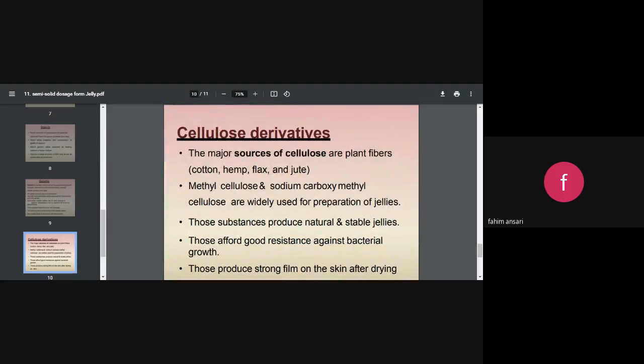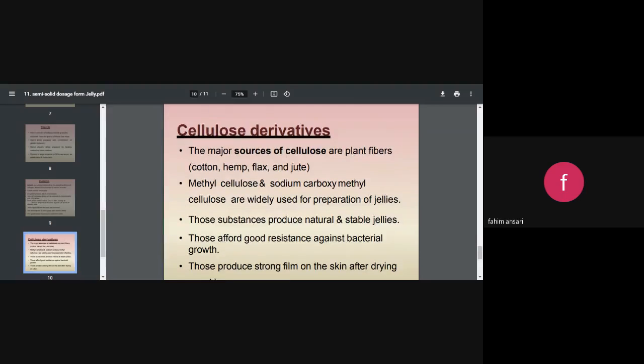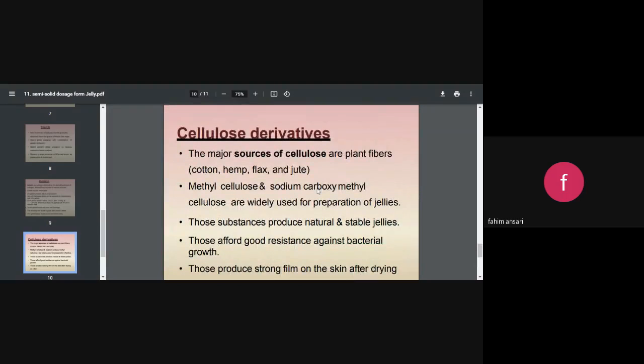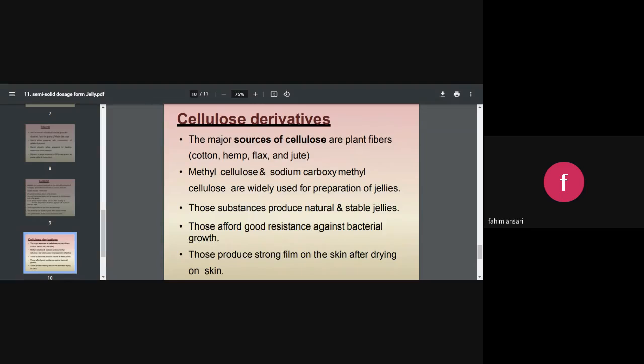Next are the cellulose derivatives. The major sources of cellulose are plant fiber, cotton, hemp, flax, and jute. Natural cellulose is derived from the plant fibers.